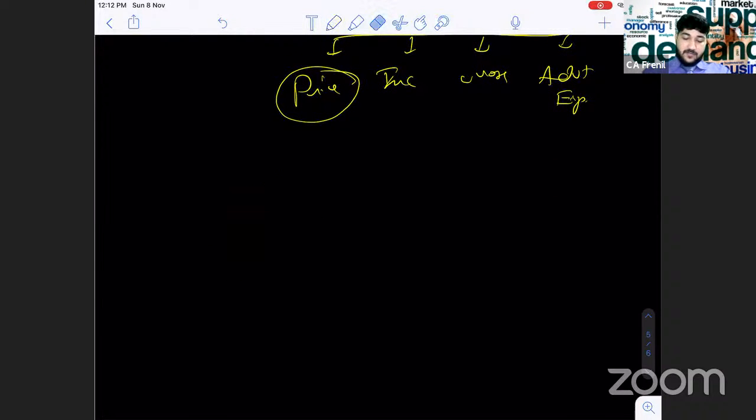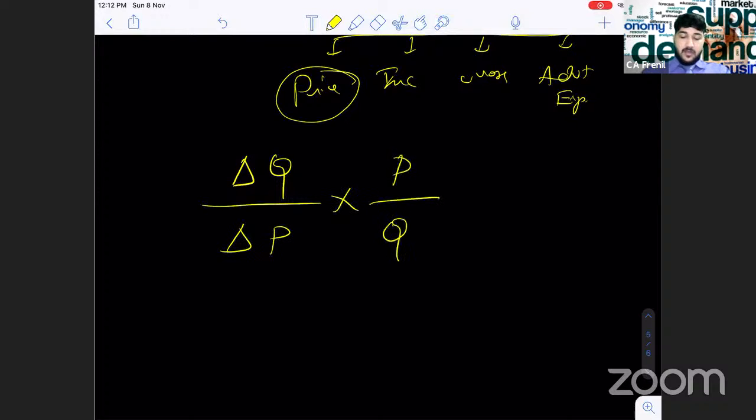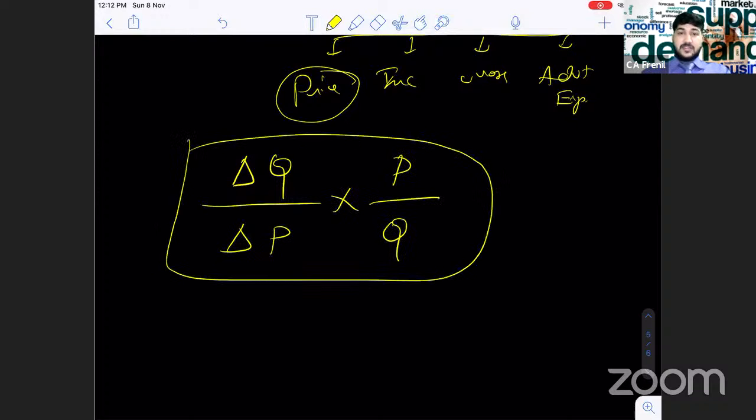Let me just write it down for you. Change in quantity divided by change in price multiplied by price divided by quantity. This was the formula we learned first. Yes or no? Correct? Then I'm going to discuss the other things also. Then there are a lot of sums in the textbook, and a lot of MCQs I have also given. So please study that as well.